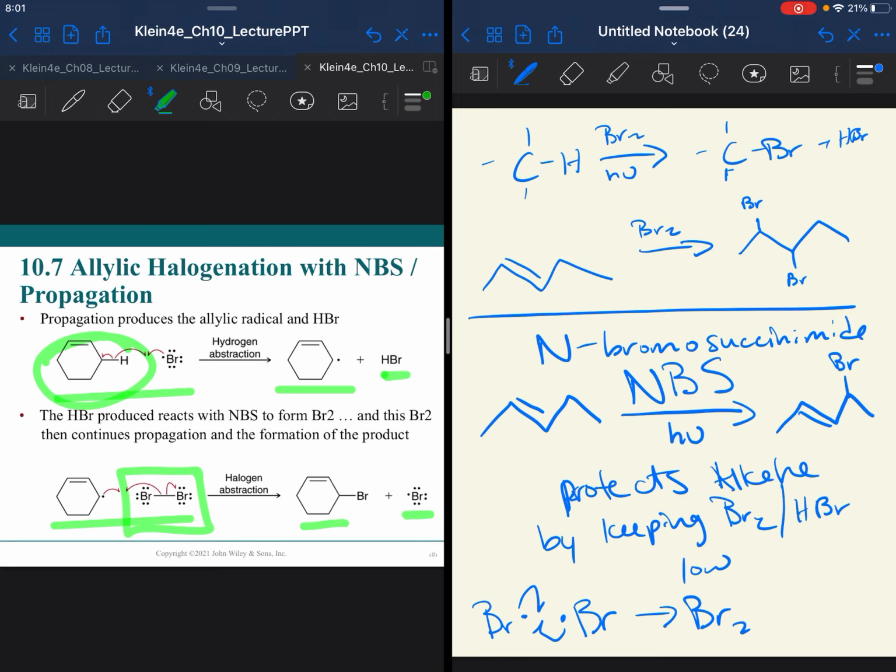So if we can keep those amounts low, we can preserve that double bond. There may be some impurities, some byproducts where you lose that alkene, but if those concentrations are kept low, we will get a major product of radical halogenation.